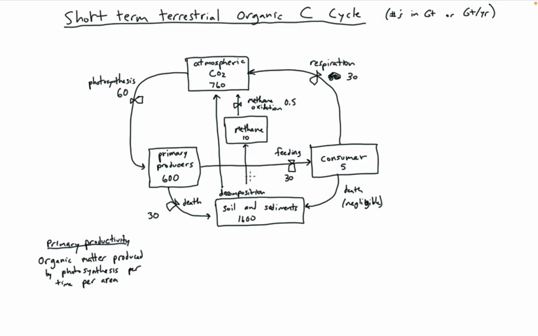And the type of decay that produces methane is called anaerobic. So without oxygen, that's what that means. And that happens at around half a gigaton a year also.